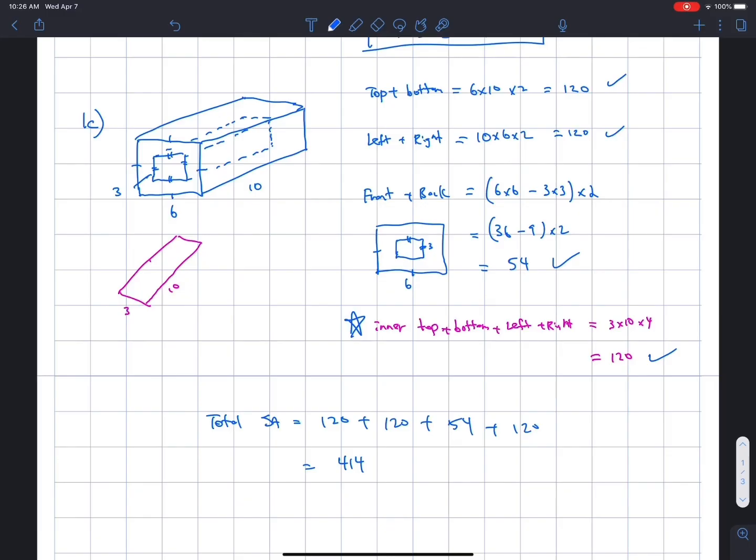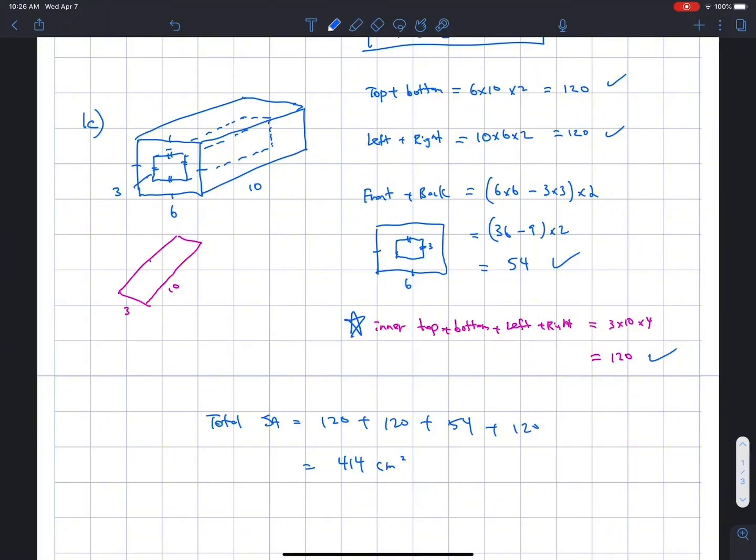I would say for half of the school, this is not even tested. You probably won't see these kind of questions, but if you do, remember to double check with your teacher because every teacher is different. Some will ask you to also calculate the inner surface area and some will ask you to leave them.